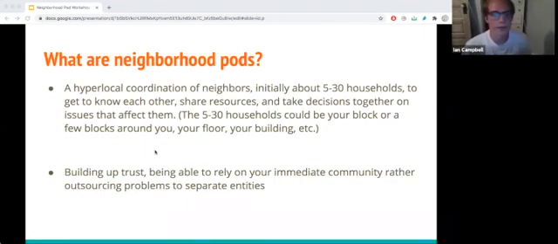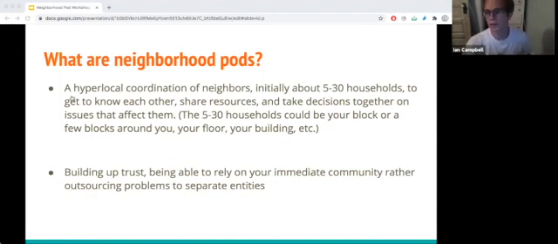Healthy neighborhood pods are based on trust, and that's what a lot of this work is going to be, building up that trust. Neighborhood pods create the space for people to rely on their immediate community rather than outsourcing problems to separate entities.